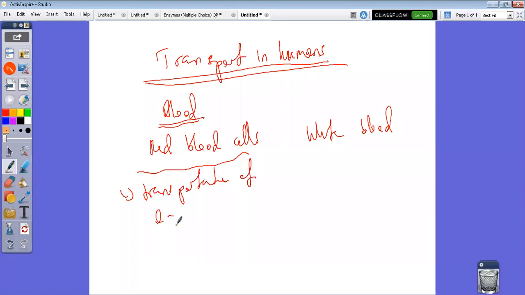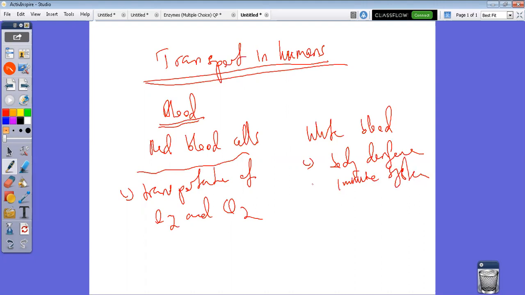Of oxygen and carbon dioxide. Clear? White blood cells are for defense mechanism, your body defense or immune system. Clear? Fighting infection. We'll talk about that in detail.